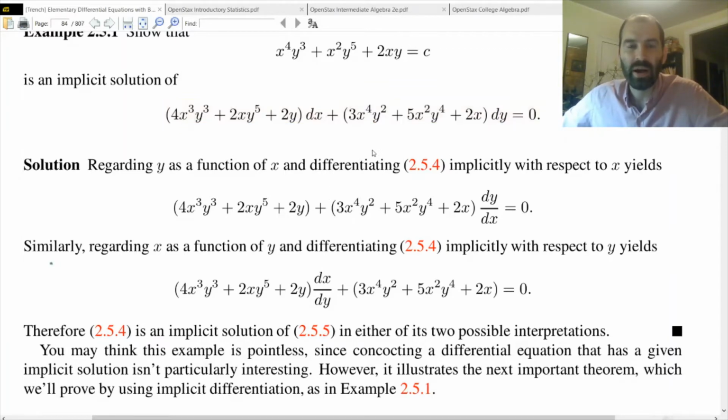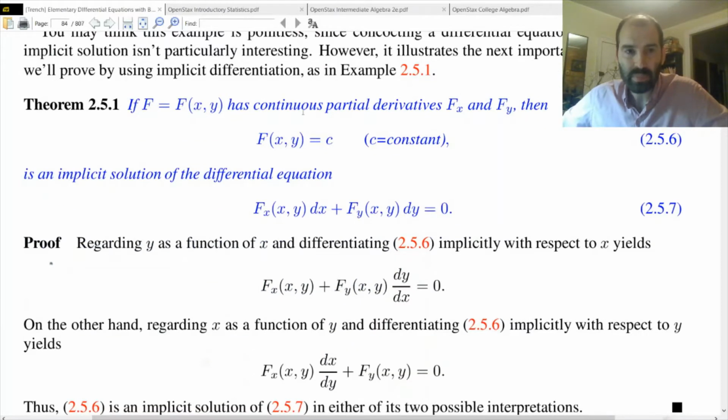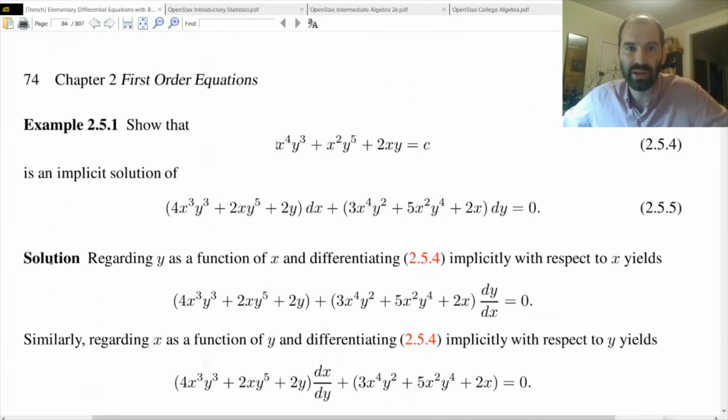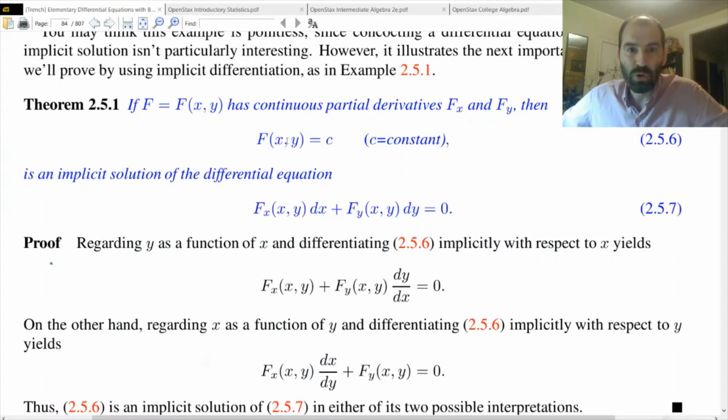Okay. Now, what's the point of doing this? Well, the point of doing this is to point out this theorem here. This theorem says that if you have a function of x and y with continuous partial derivatives, and you have an equation f of x, y equals c, which is what we have right here, and you do what we just did, you implicitly differentiate, you end up getting this differential equation, right?